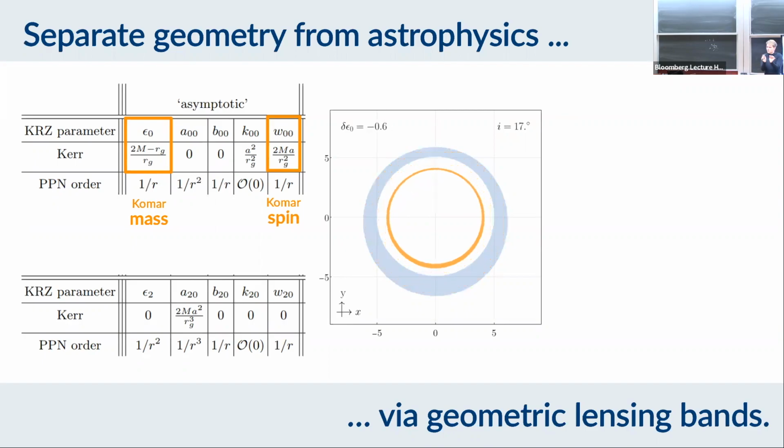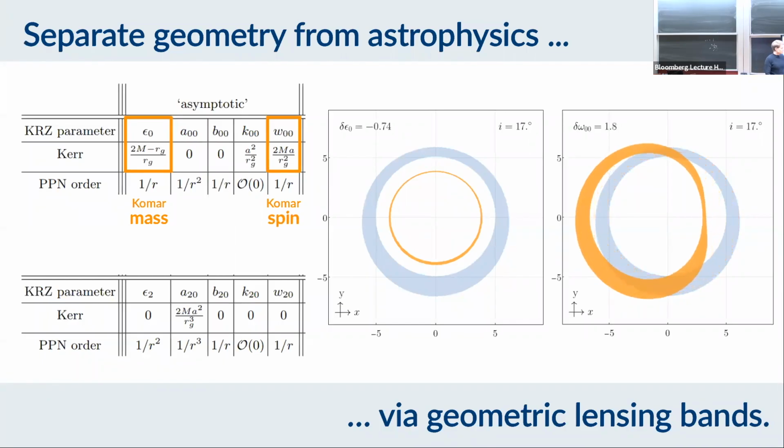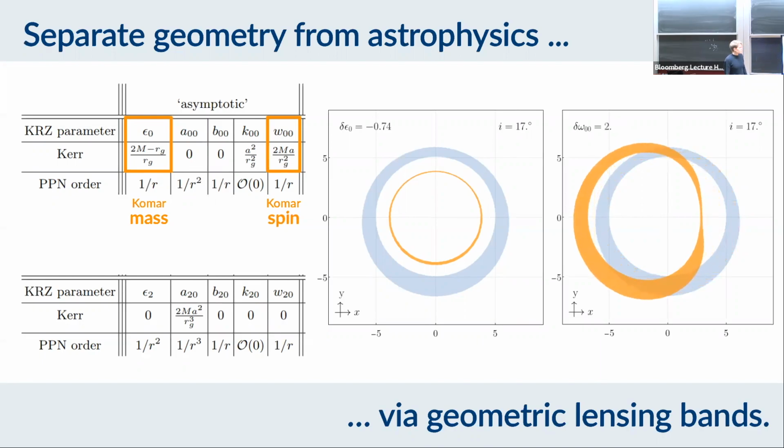In that case, it makes the ring thinner. If you go in the opposite parameter direction, it makes the lensing band wider. And then you can use deformations, and you might have these shifts in mind from the spin. That's actually what this parameter does. It changes the spin, but then it can deform further than the spin back.